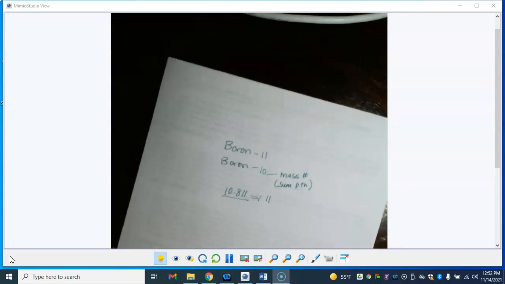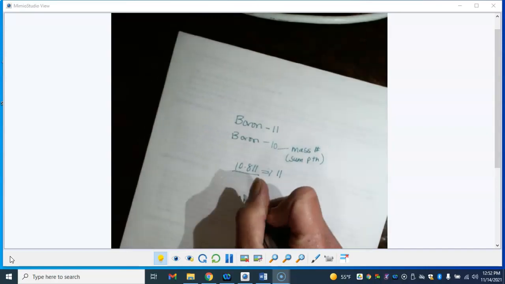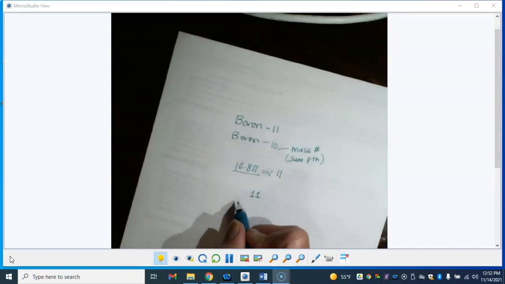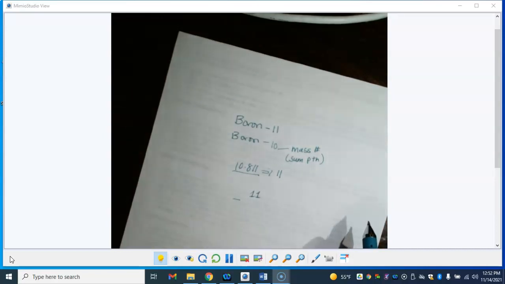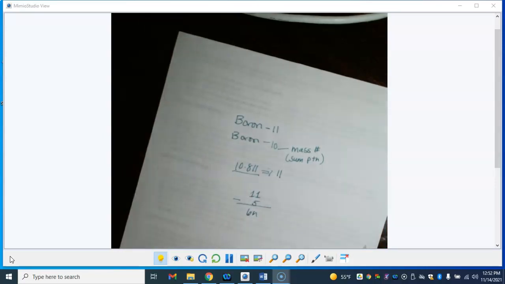If we are calculating the neutrons of each of these, we take our mass number and subtract the atomic number, or the number of protons, which is 5. So on boron 11, we have 6 neutrons.